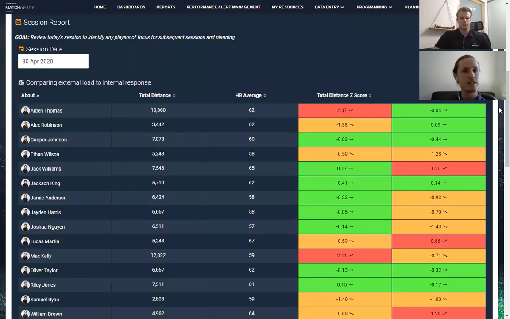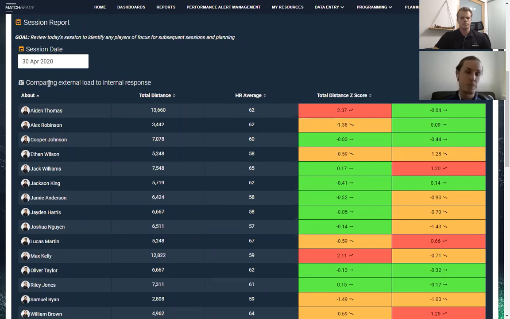I guess as I dig a little bit deeper, maybe a sessional report for some stage. This could be coming direct from our GPS integration, for example, with the goal of reviewing today's session, identifying any players of focus for subsequent sessions and planning.